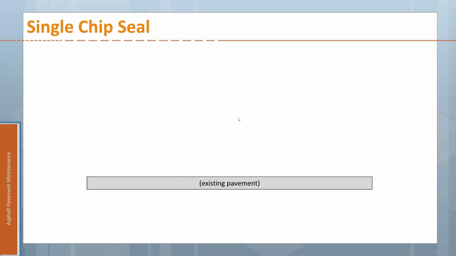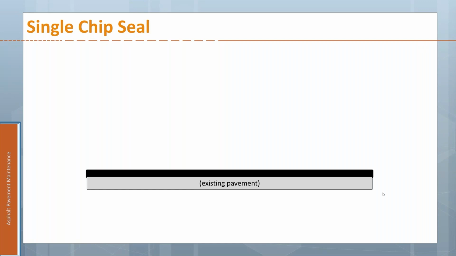So a chip seal, the most standard basic kind of chip seal, is a single chip seal. If we have some existing pavement or surface, what happens is that we come in with an emulsion product, and that gets sprayed on the surface. And that's a coating of oil.